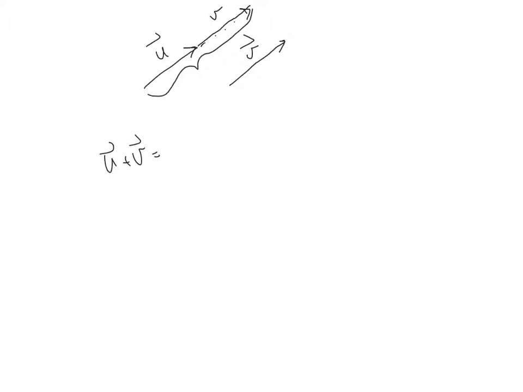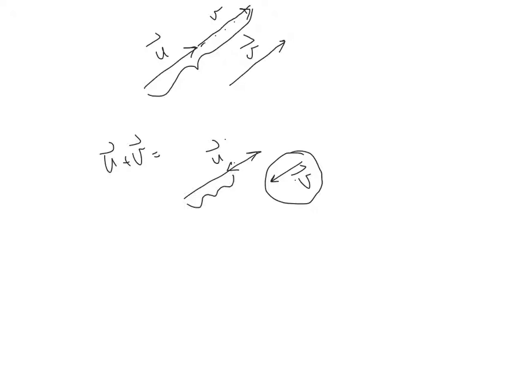The other case is when two vectors are parallel but in opposite direction, something like this one. And what we have to do is very simple. Again, we put the tail of one on the head of the other one. So if I draw the equivalent of v, it is going to be something like this one.